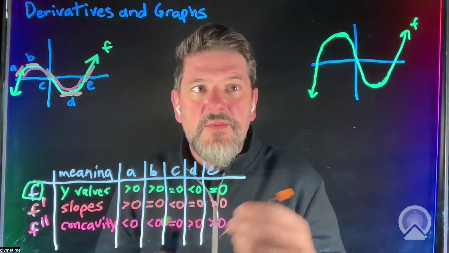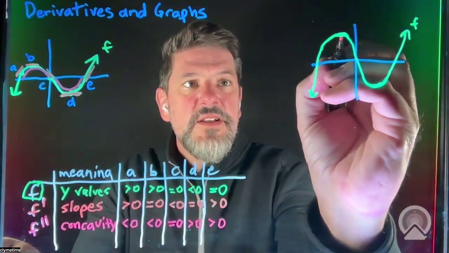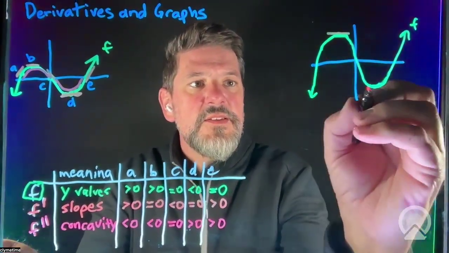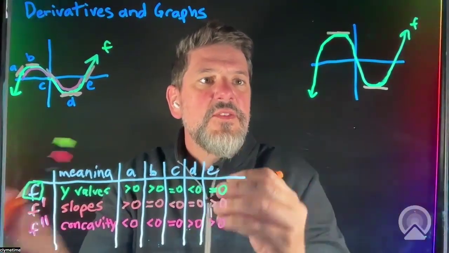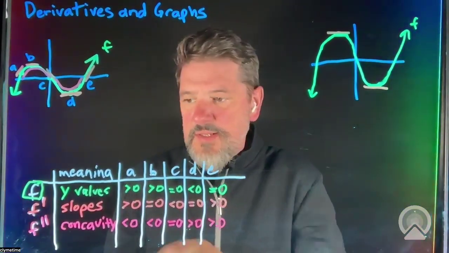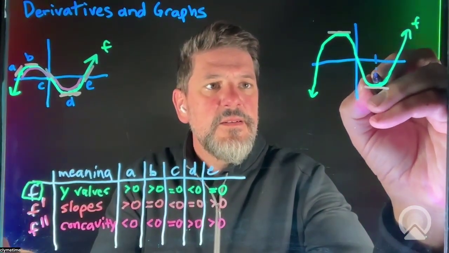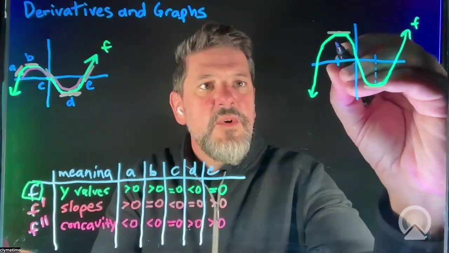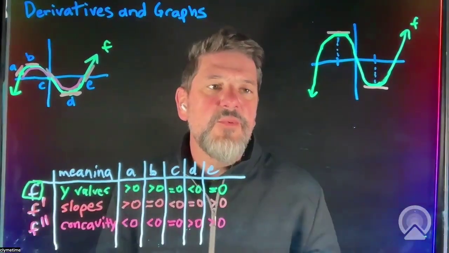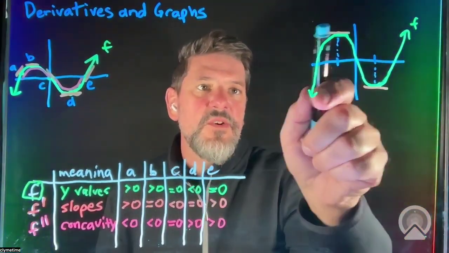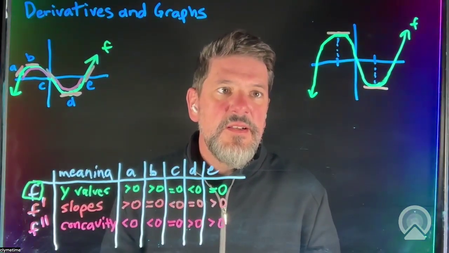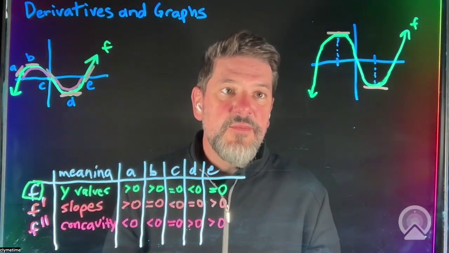So what I want to look at is where the slope is zero. So the slope is zero here, and the slope is zero here. And so that is going to be the spot where I can identify a y value for f prime. So where the slope is zero on f is going to be the y value for f prime.